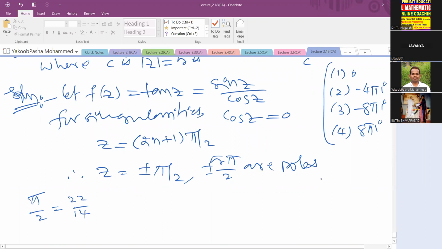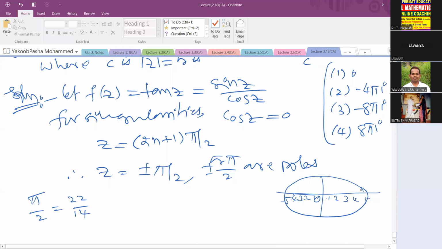Actually, what is the circle? Center at origin, and radius is 5 units. This is the circle. 1, 2, 3, 4, 5, in minus also 1, 2, 3, 4, 5. Okay.